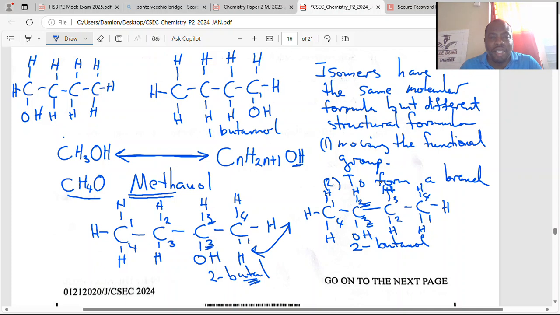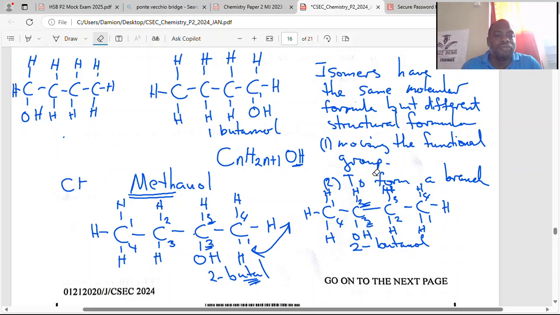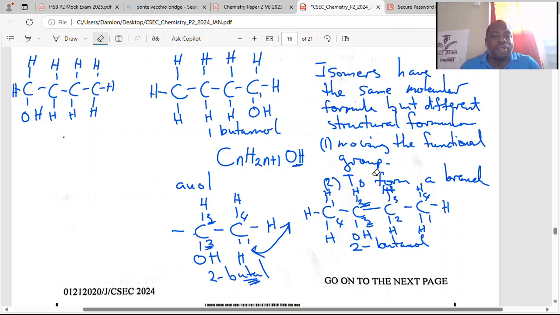So same for the double bond. Same concept for the double bond. The double bond is a functional group, and so we just move it around.